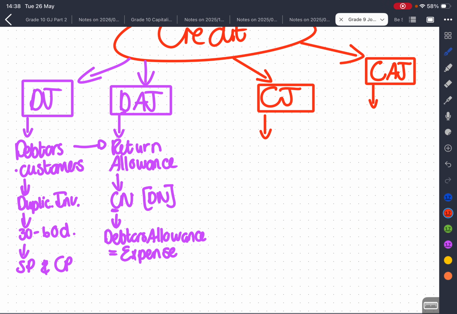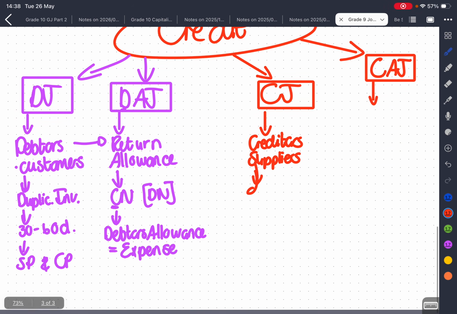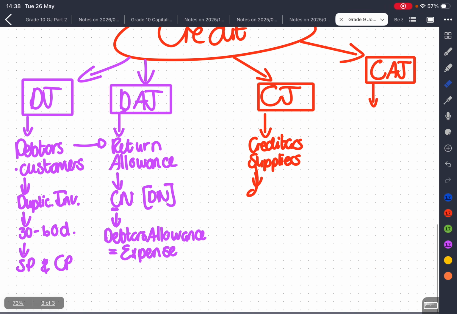Going across to creditors, it actually becomes a little bit easier. So my creditors, we refer to them as our suppliers. So these are the people that provide me with my product that I'm selling. Now I'm the customer, so I will get the original invoice and they will keep the duplicate.